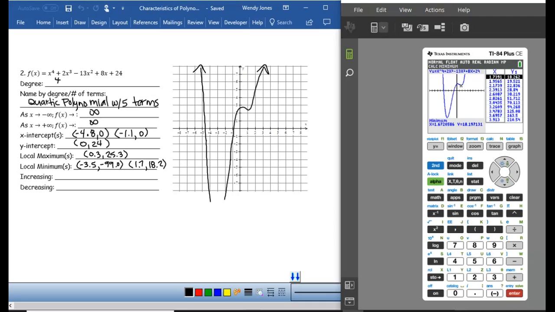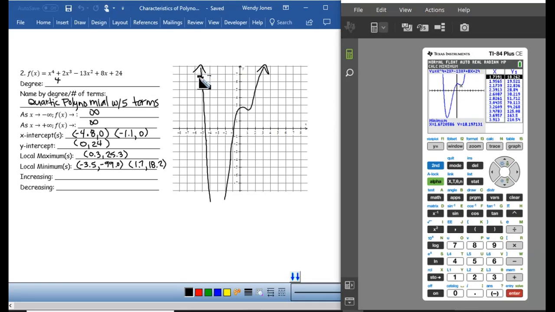Now for our last 2 questions, the increasing and decreasing intervals. Remember, we're only allowed to use the x values to name these intervals of increase and decrease. To determine what parts of the graph are increasing or decreasing, we will start on the left-hand side and we will trace the graph and talk about what's happening.